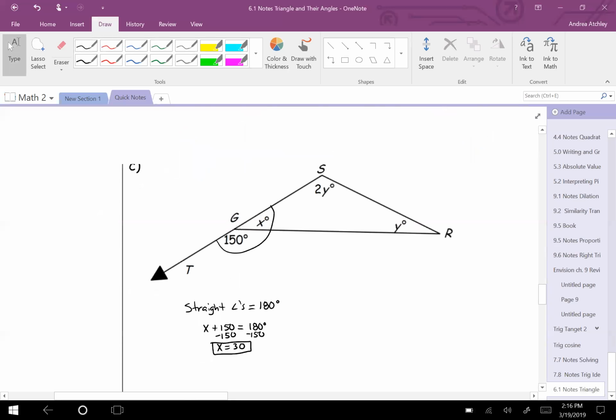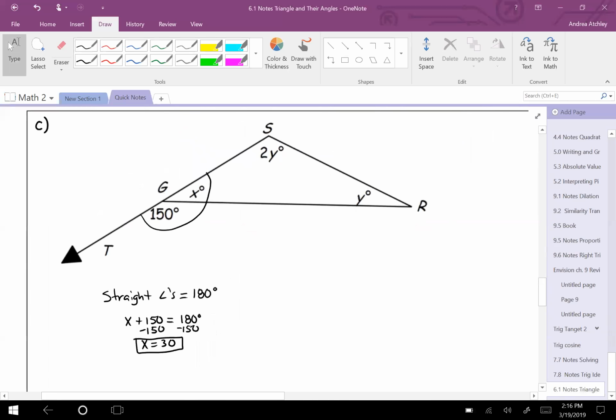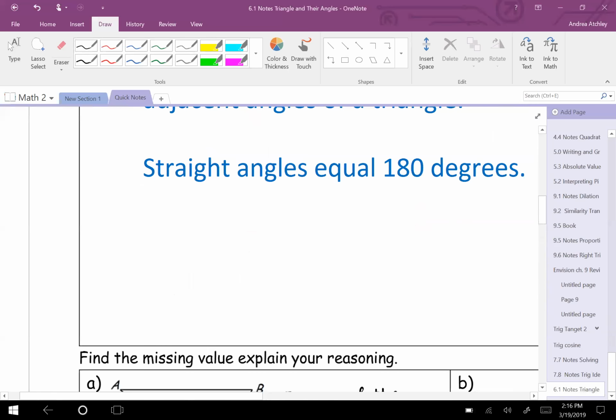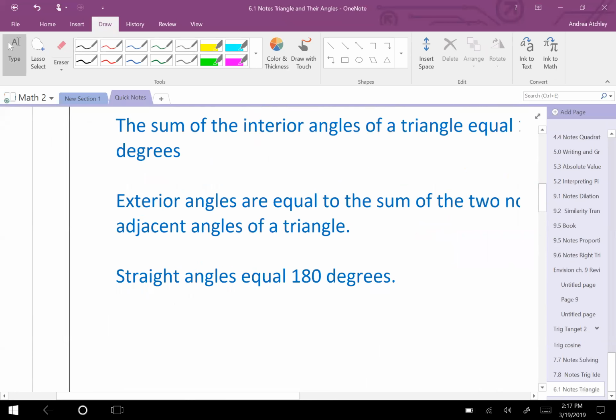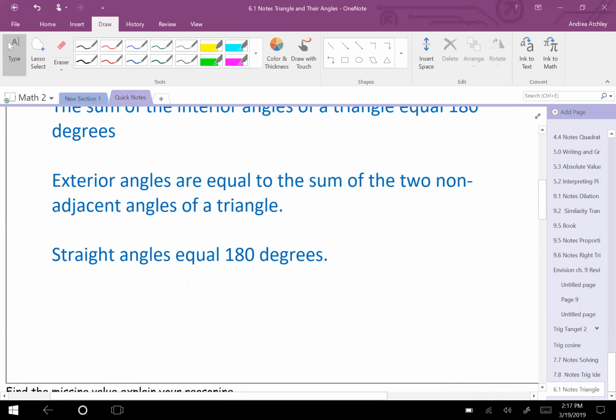Okay, now we have to find y. Okay, there's a couple different ways to find y. I'm going to do it using the external angle theorem. So if we go back up here, we can see what an external angle is. Okay, so exterior angles are equal to the sum of the two non-adjacent angles of a triangle.